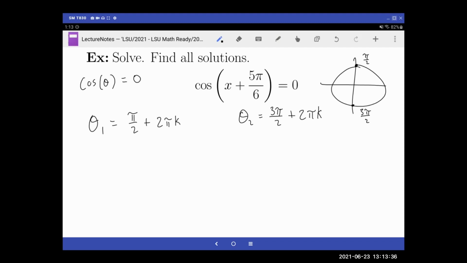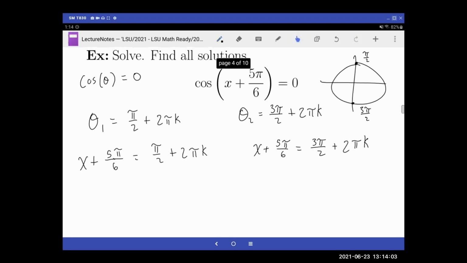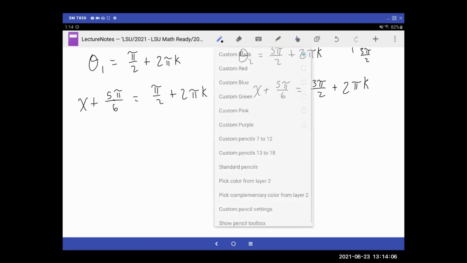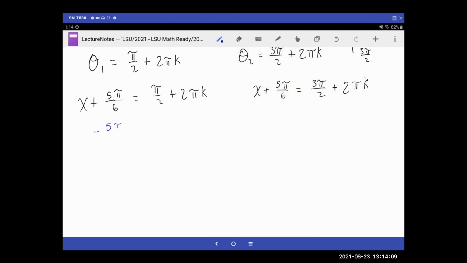Okay. Now from here, this is actually theta, that inside piece. So I'll say x plus 5 pi over 6 equals pi over 2 plus 2 pi k. Same thing here. And here I'm going to subtract 5 pi over 6 from both sides so that I get x by itself.